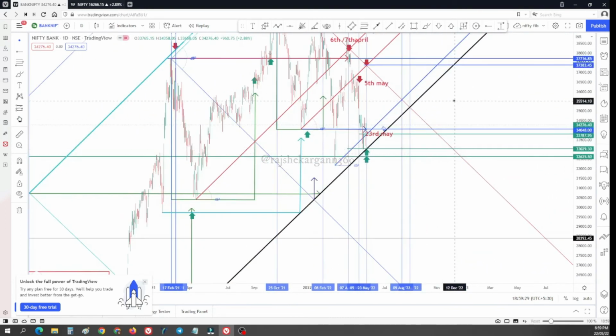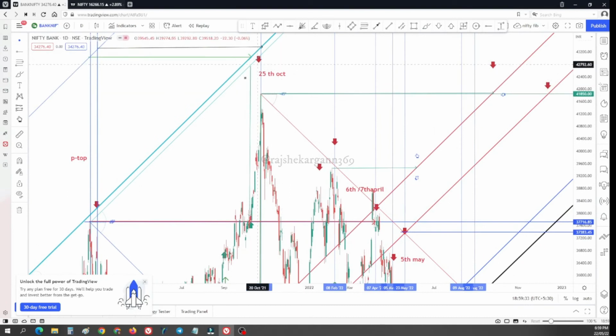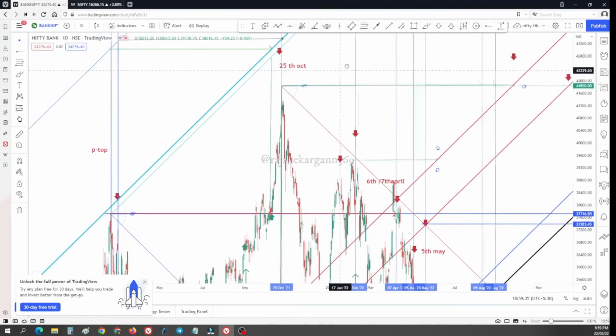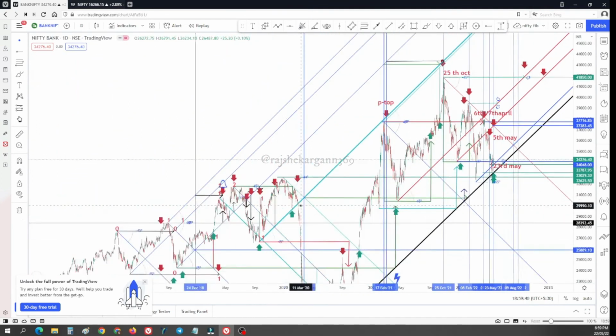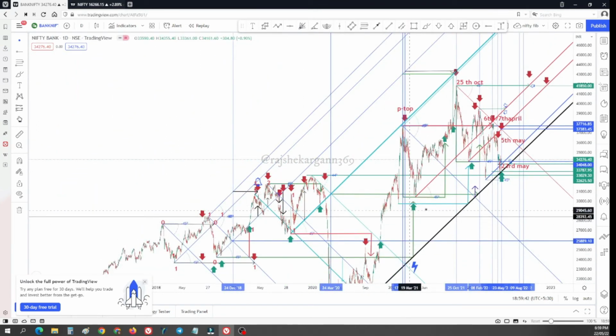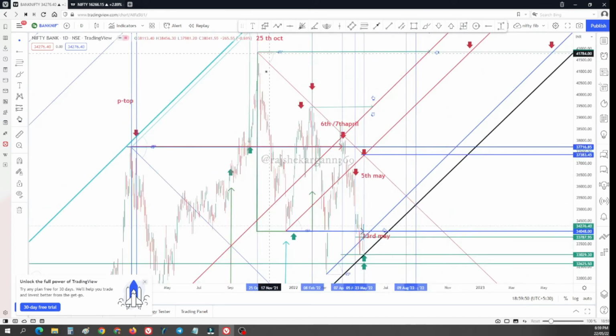Now let's come back to the current scenario. Say this 25th October I had posted in the Telegram based on the same concepts, where one of the top, when it hit this main 45 degrees, created top here. Now this top came because time changed the trend, because Bank Nifty was already at target.